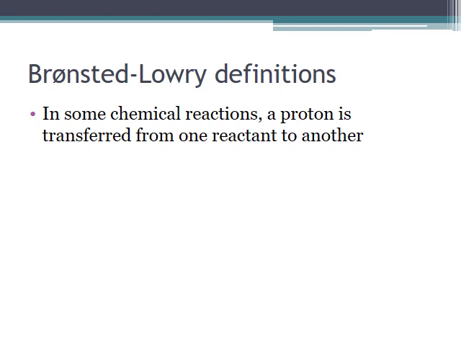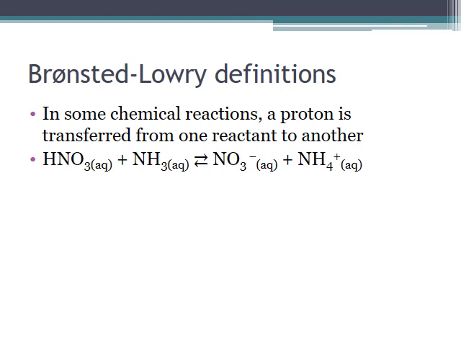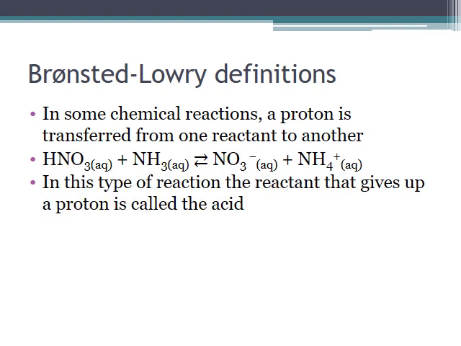The Bronsted-Lowry definition of acid is close to Arrhenius. Arrhenius is the proton concentration increasing. Bronsted-Lowry involves a chemical reaction. In this reaction, nitric acid donates a proton to ammonia. For the Bronsted-Lowry definition, HNO3 is the acid.